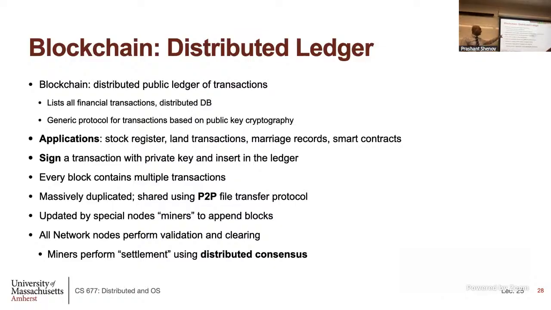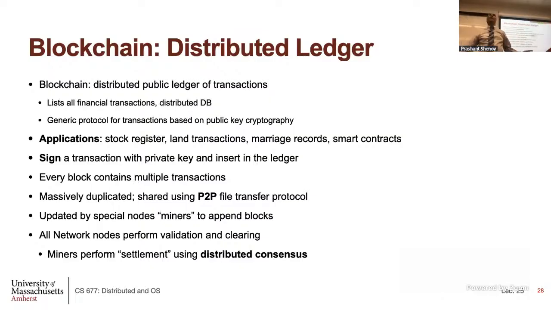So in this case, we want to sign every transaction with a key and insert it in the ledger. Then we will have a block of this transaction. We'll put it in the ledger. That is done with Bitcoin's P2P protocol. It has a peer-to-peer protocol where there are special nodes called miners. Every time you want to add a block, which is a set of records, to the ledger, you ask the miner, can you validate this block and add it to the ledger?